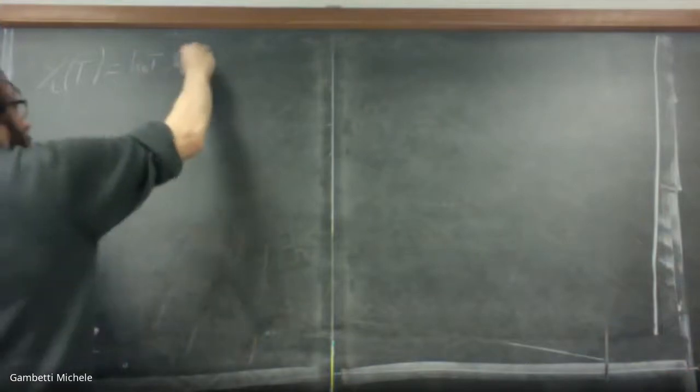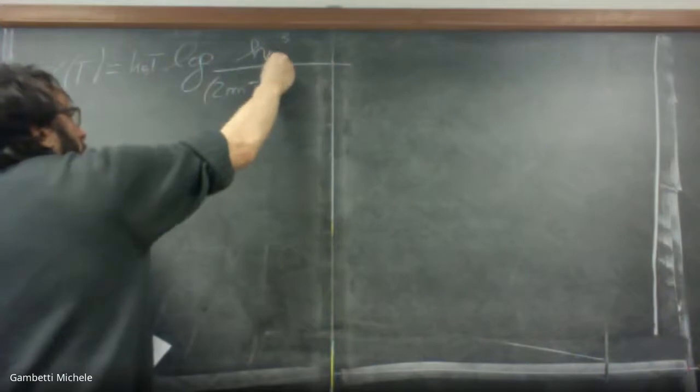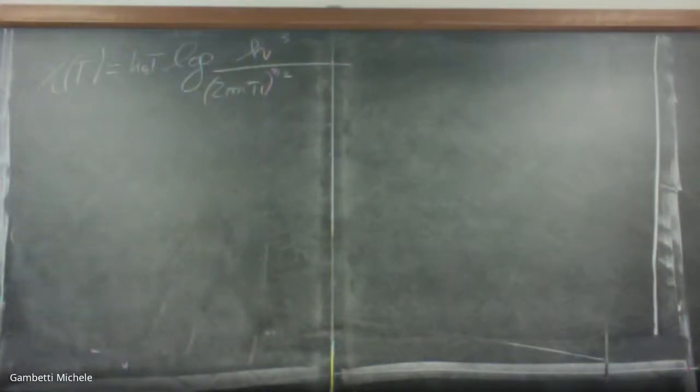The general formula is the following: kBT log of lambda cubed, which is h cubed divided by (2 m pi kBT) to the power of 3/2. Then I have kBT at the denominator, which multiplies kBT to the power of 3/2.